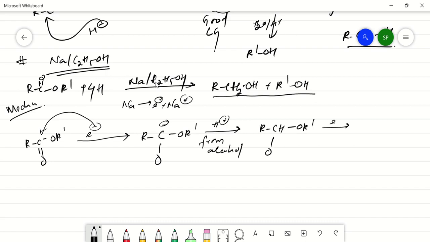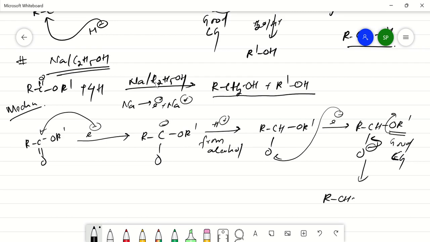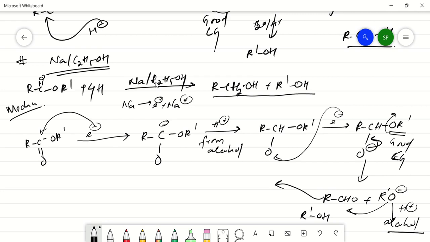This will next gain one electron to produce RCH(O minus)OR dash. Now, as we have already seen, OR dash is a good leaving group. So this charge will get back. This will produce RCHO plus R dash O minus. This will accept one proton from alcohol, C2H5OH, to further produce R dash OH, and this aldehyde similarly will further proceed and produce RCH2OH.